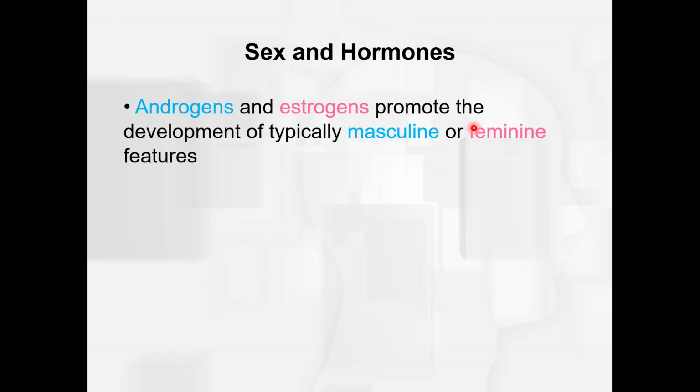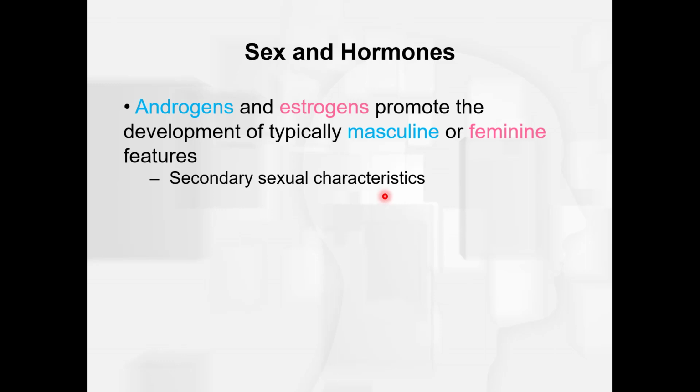And we've already talked about those internal reproductive organs being organized during early prenatal development. Another time where we see androgens and estrogens promoting the development of sexual features is our secondary sexual characteristics. When do we think those happen, or what are some examples of those?